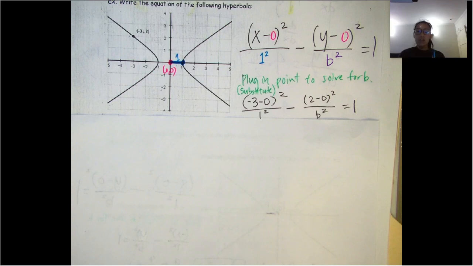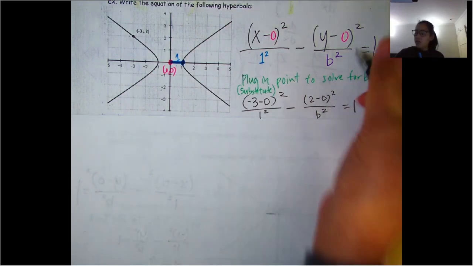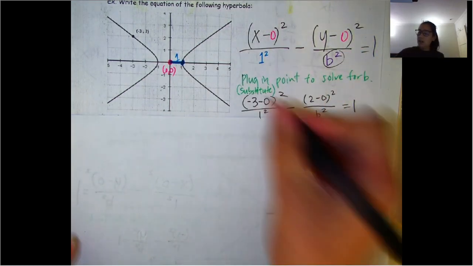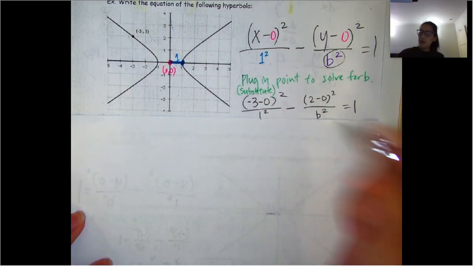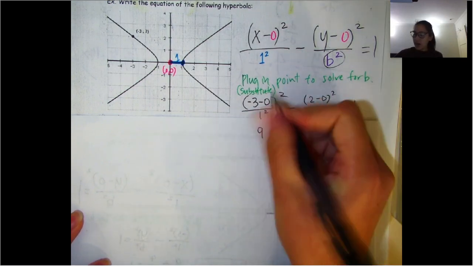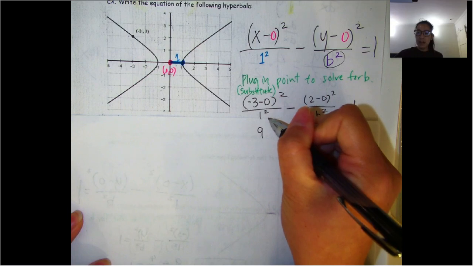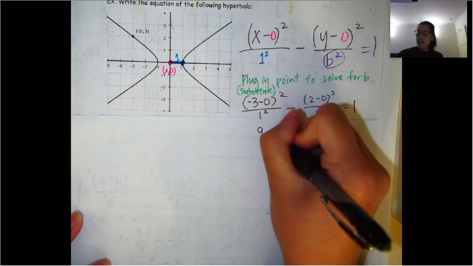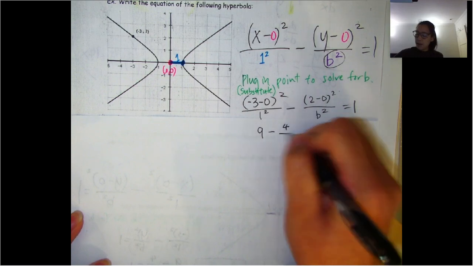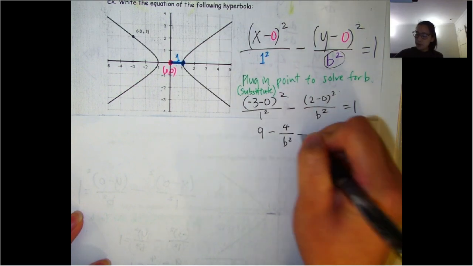As you know, we just need to solve for b squared, actually. You don't actually have to solve for b, because once you solve for b squared, you can substitute that in for the entirety of b squared. So we do -3 minus 0 is -3. Squared is 9. So we have 9 over 1, which is just 9. Minus, and then you have 2 minus 0 squared, that's 4, divided by b squared equals 1.